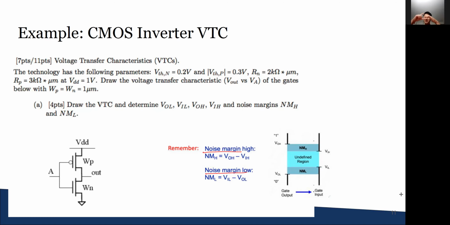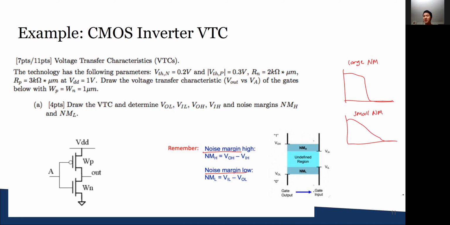And the smaller the noise margins, the less sharp the voltage transfer curve is. So basically if you have a very large noise margin, that means your curve is very steep. But if you have a large noise margin here and a small one here, your voltage transfer curve would look very shallow.